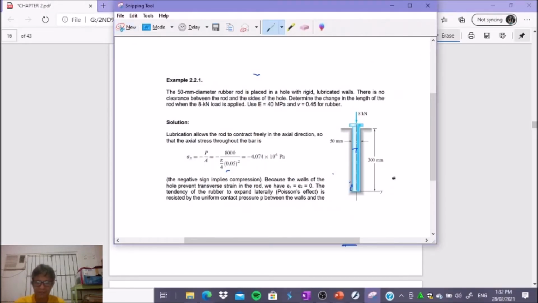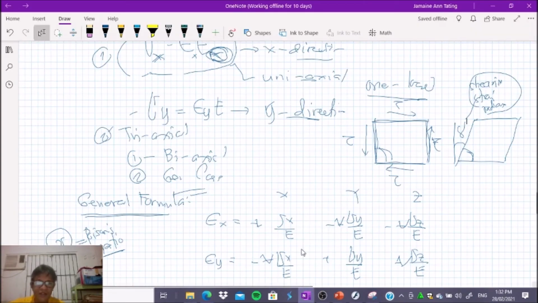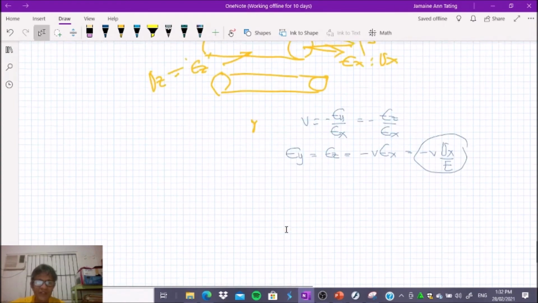Control copy. Then we go to OneNote. Okay.